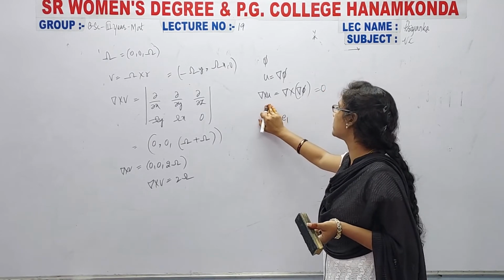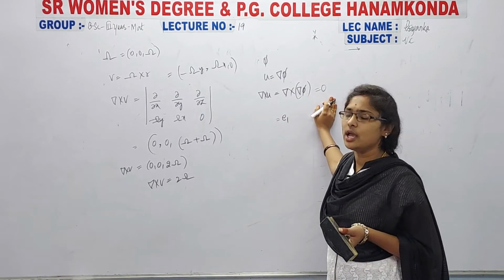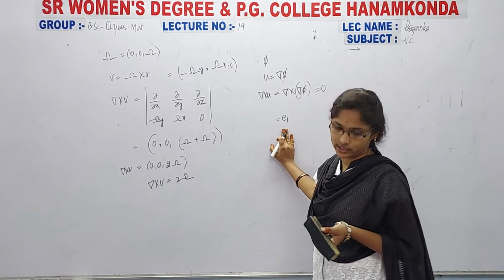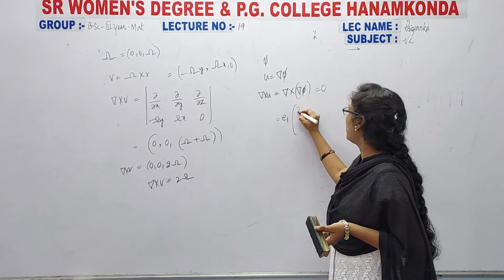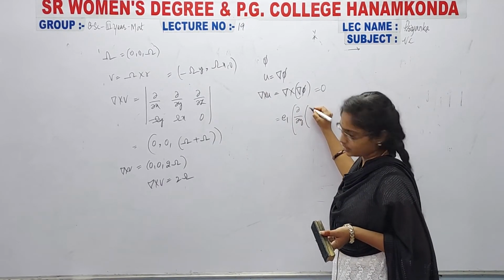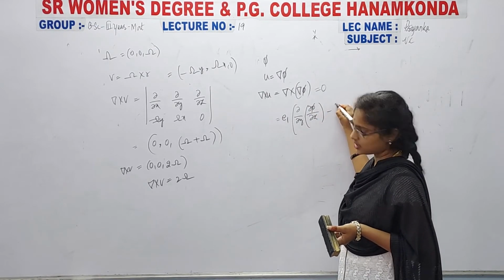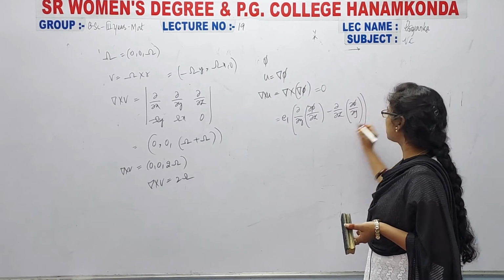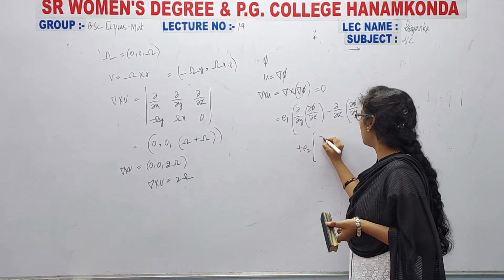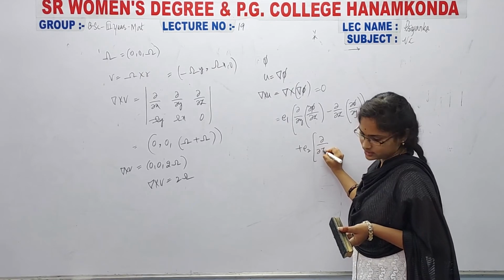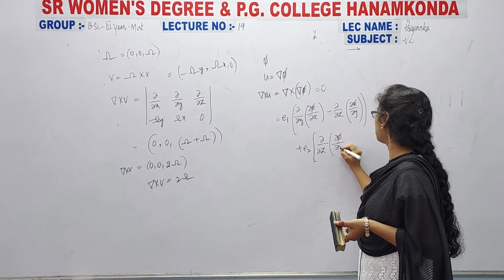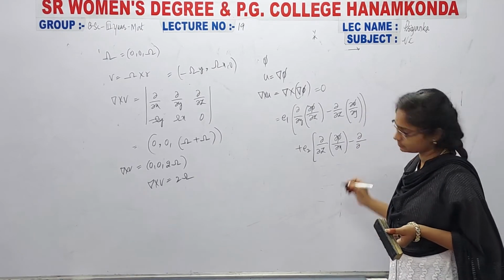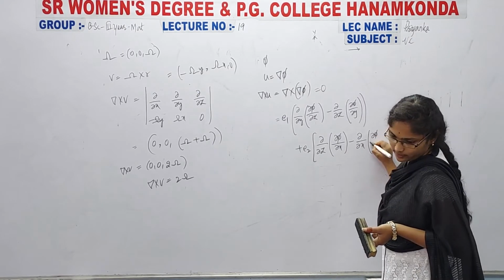So if we get that curl u is equal to 0, then we can say that u is conservative, otherwise we cannot. And here I am giving another formula for this one: e1 of dou by dou y of dou pi by dou z minus dou by dou z of dou pi by dou y, plus e2 of dou by dou z of dou pi by dou x minus dou by dou x of dou pi by dou z.